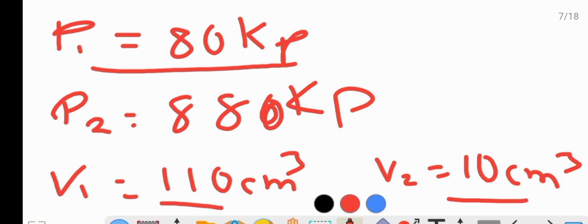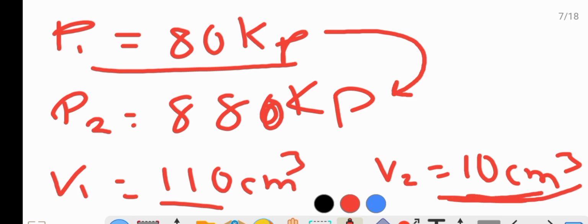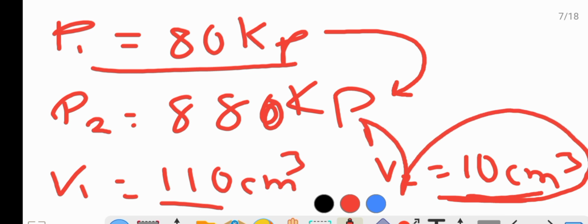When the pressure was increased from 80 to 880, we expected the volume to reduce. So since the volume was reduced, hence the pressure increased, because that's what Boyle's law states.